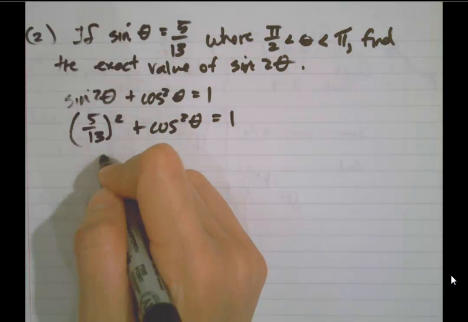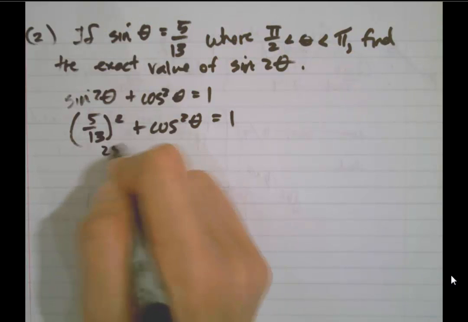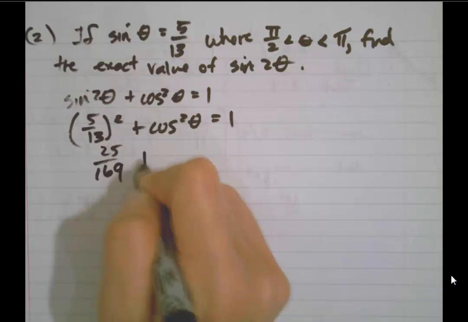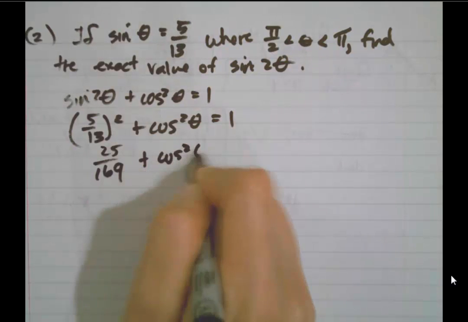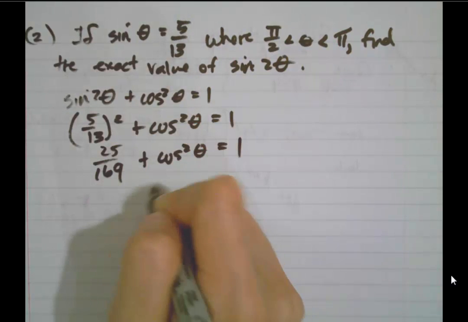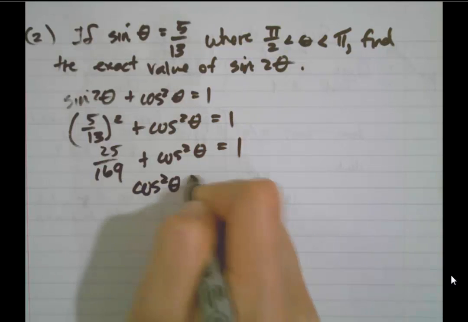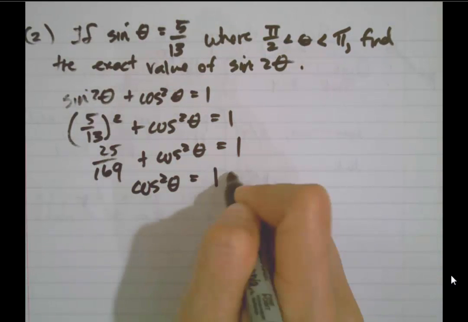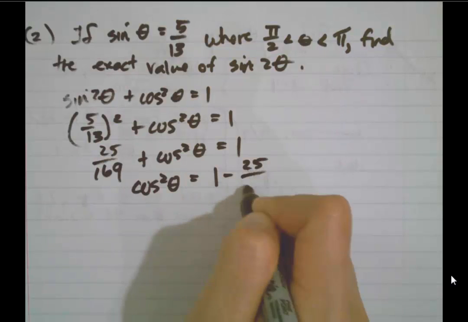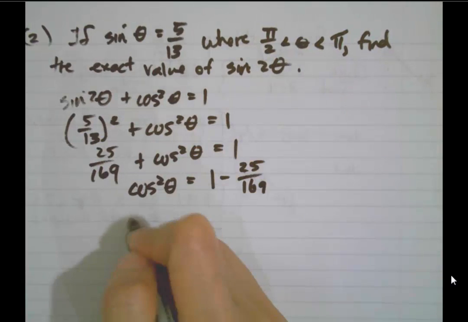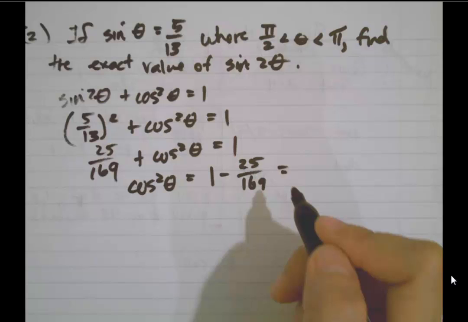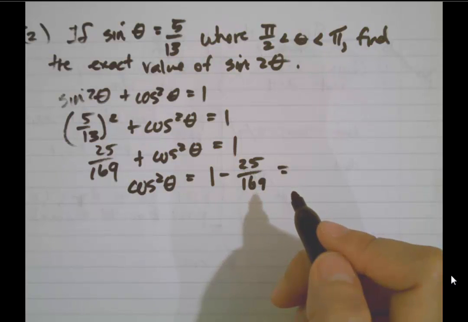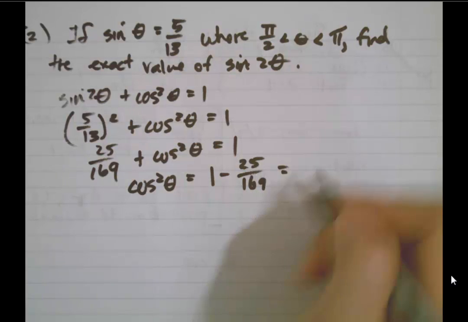So this is equal to 25 over 169 plus cosine square theta equals 1. So cosine square theta equals 1 minus 25 over 169, and that will equal 144 over 169.